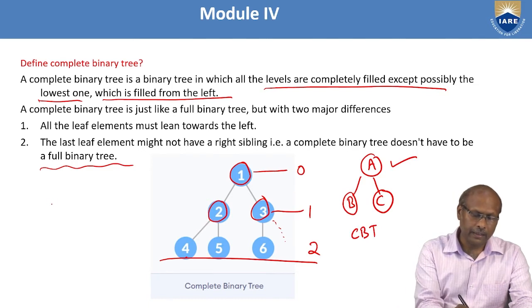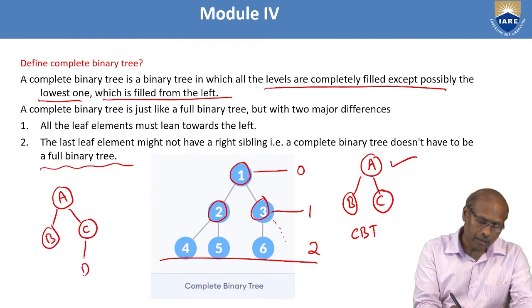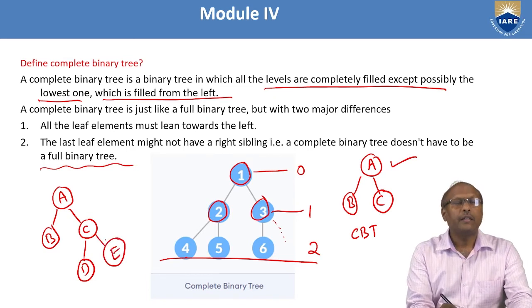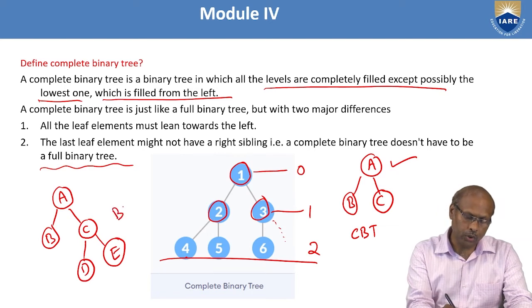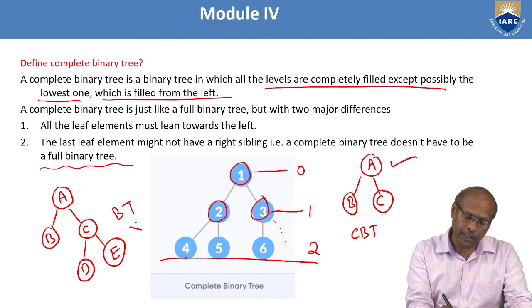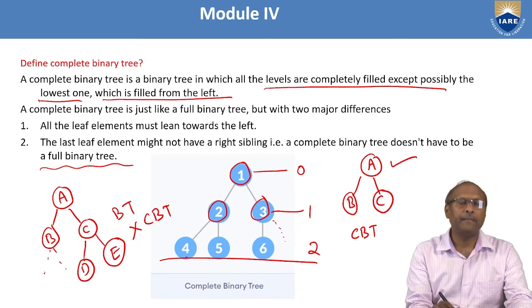They may ask like this: A, B, C, D, and E. Now they may ask: is it a binary tree? Yes, it is a binary tree, no doubt. Is it a complete binary tree? No, it is not a complete binary tree, because without filling the left of B, it has come to C's left and right.